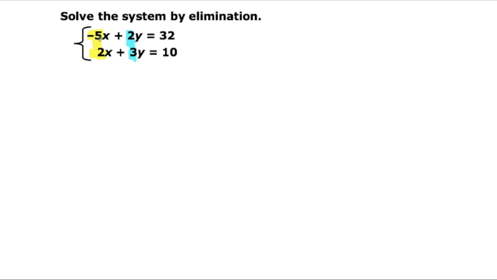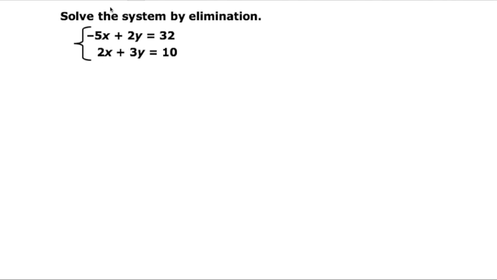So what I need to do is go and multiply both equations by some number to make them be the exact same. So I'm going to choose to do this with my x's because I already have opposite signs.